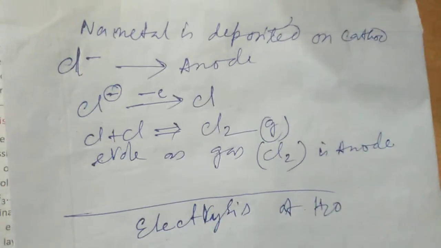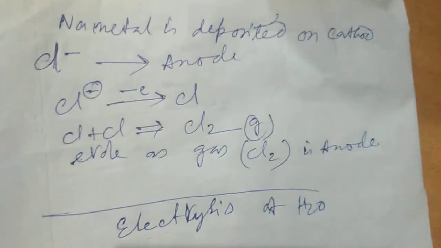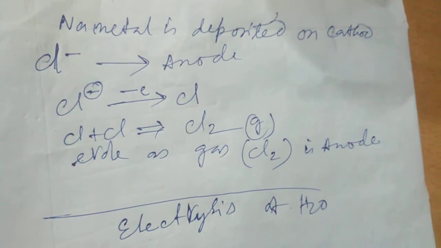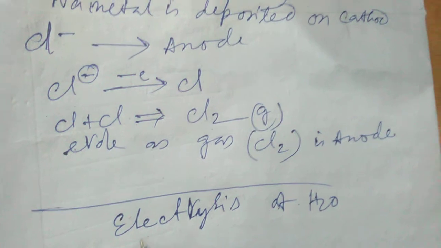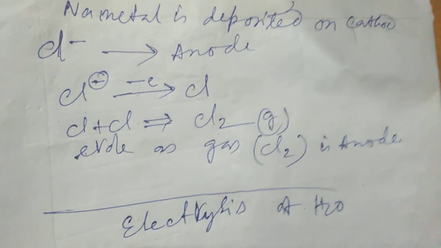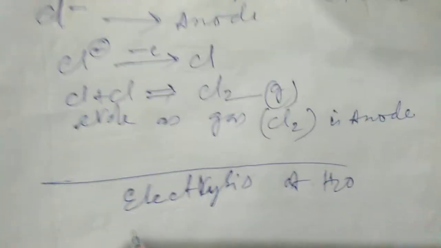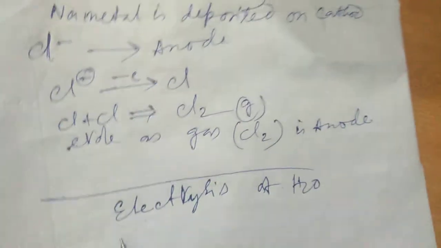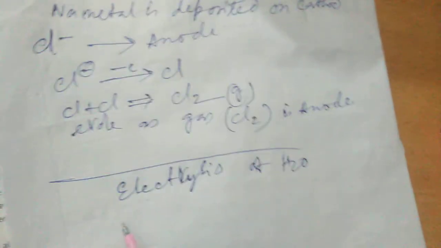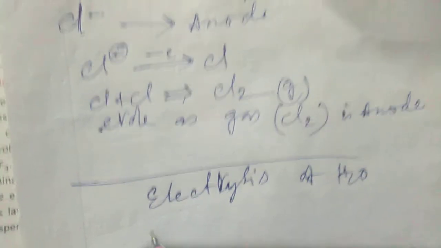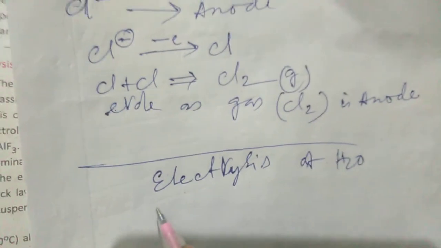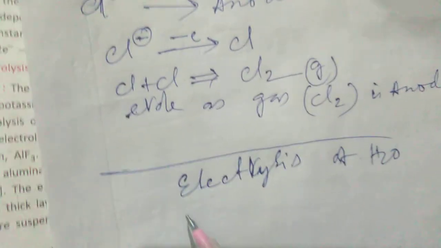Can you give the explanation why pure water is not a good electrolyte? Okay, you will think of it. I am telling you, because H2O molecules are covalent molecules. Though polar, it does not dissociate into H+ and OH- ions completely when it is in pure condition.